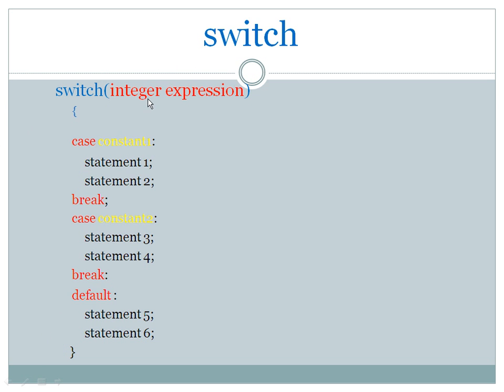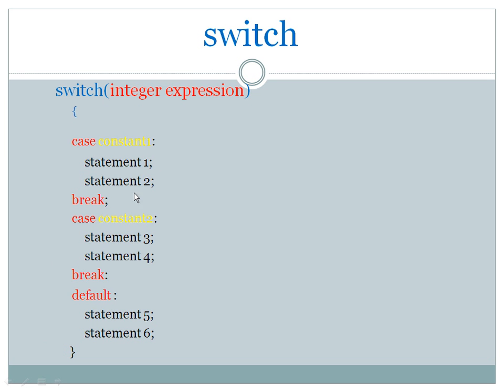When the integer expression evaluates to constant 2, it will directly come to this place and will not check this condition or do anything with this data. It directly comes to constant 2 and executes statements 3 and 4, comes to break and comes out of the switch.